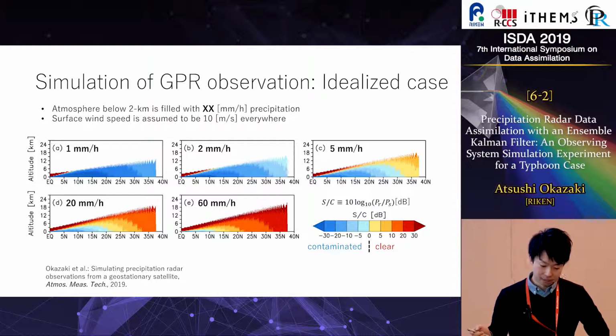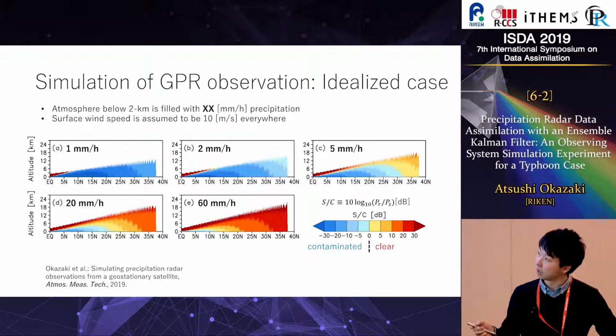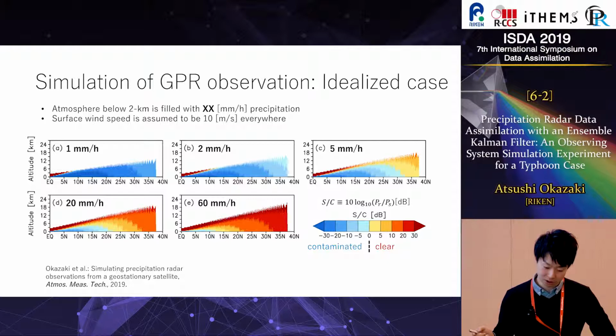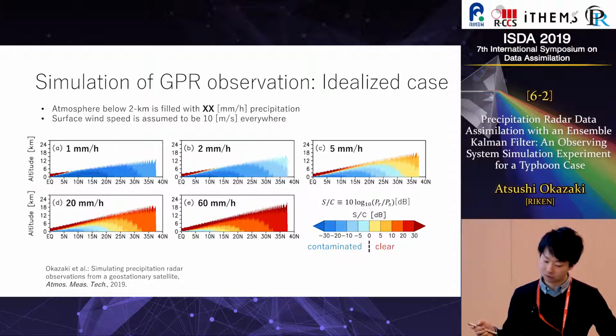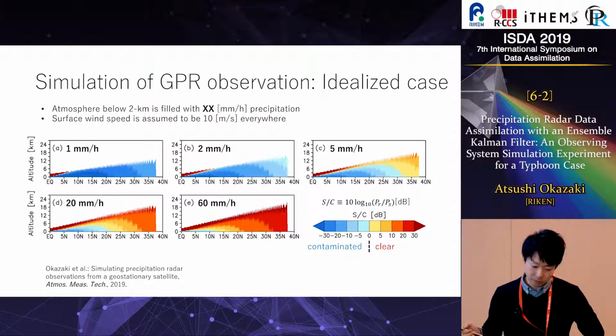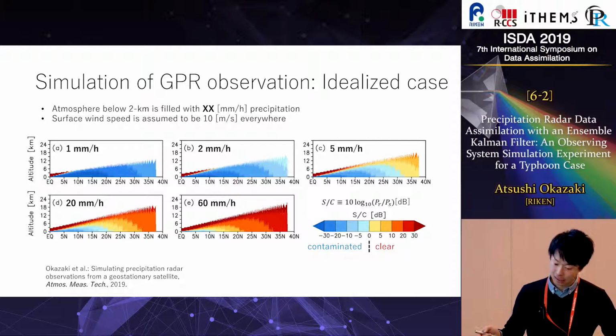The shading in the figure shows the signal to clutter ratio, noted by S/C, in altitude-latitude coordinates. The larger the ratio, the clearer the signal is.